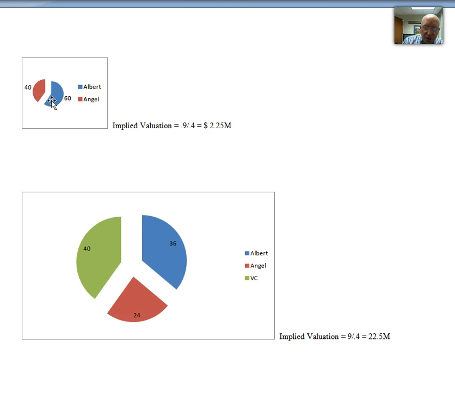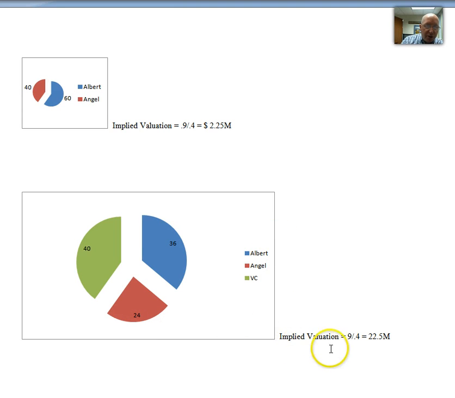And there's reasons why that's a very realistic assumption, but I don't want to make it any more complicated. So now I figure out, okay, Albert owns 60% of the 60% that Albert and the angel own jointly. And so 60% of 60% is 36%. Likewise, the angel still owns 40% of this non-VC owned pie. So 40% of 60% is 24%.